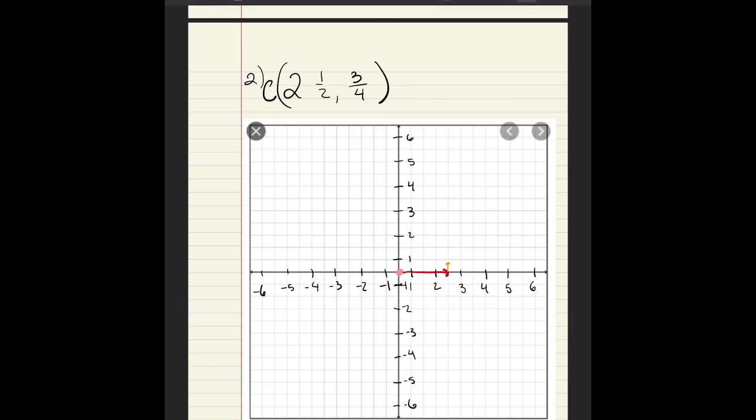I'm going to graph that and do a point right here. It's more than half, but it's less than 1. And it's point C. And that is it.